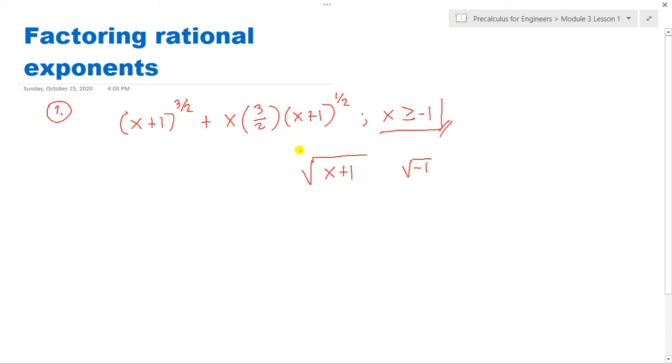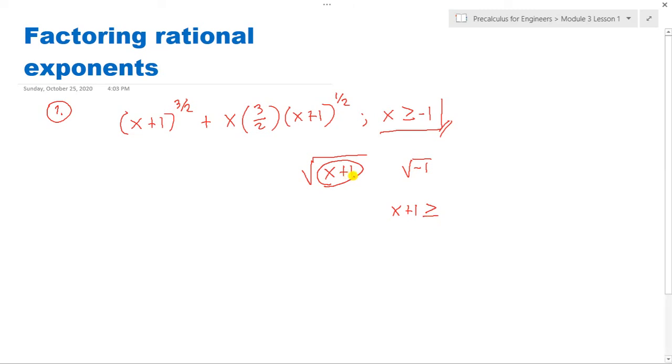Because x here must be greater than or equal to negative 1. Why? We need the radicand, x plus 1, to be greater than or equal to 0. Okay, greater than or equal to negative 1.